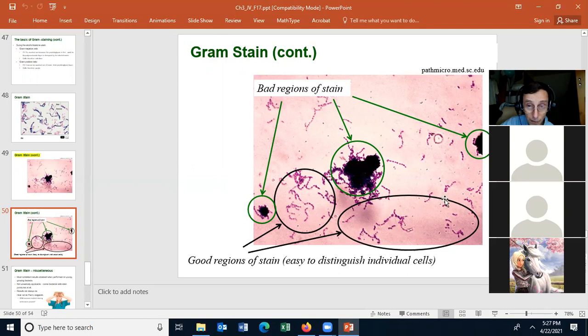But if you look at the good regions of the slide, the cells were staining pink from the safranin. And so the point is, don't do your gram stain in bad regions of the slide.